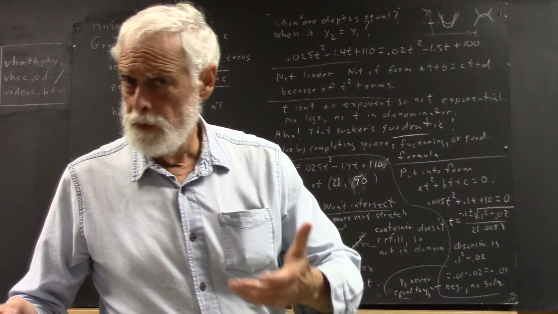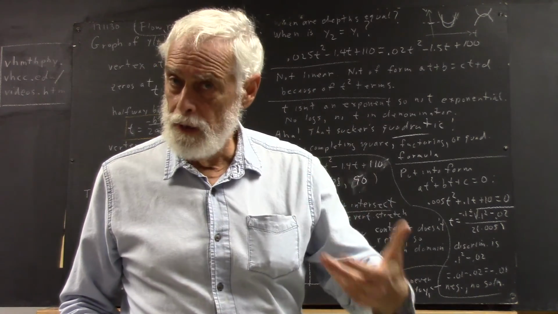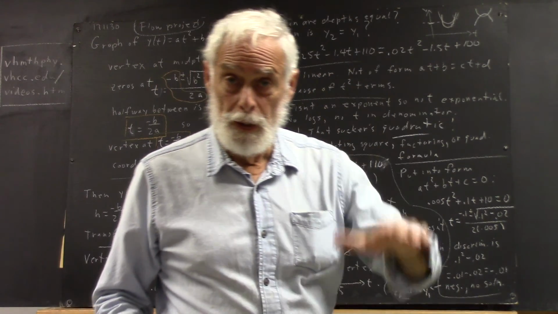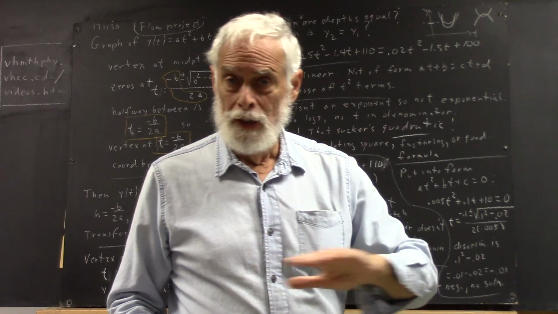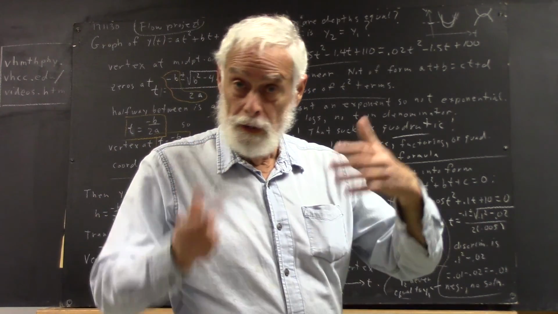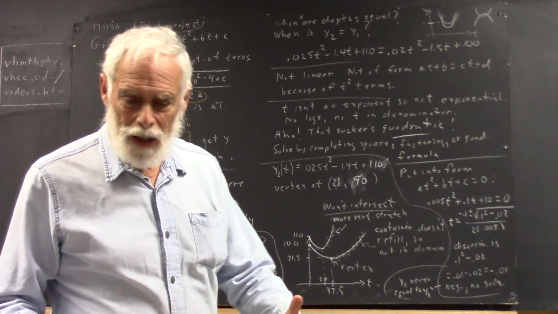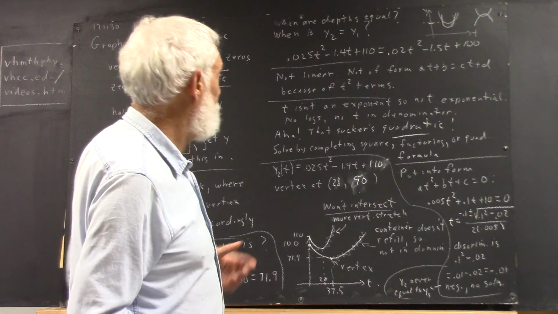So the two would never have the same depth at the same time, at least not within the domain of both functions, because remember, after this one stops, we're done. Its domain has ended, and we can't compare the second function with the first at a time that's not in the domain.